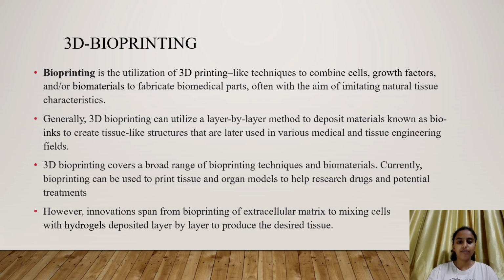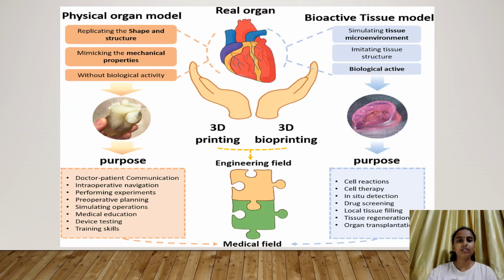However, applications span from bioprinting for extracellular matrix to mixing cells with hydrogel deposited layer by layer to produce the tissue. Physical organ model, real organ, bioactive tissues model. These are the 3D printing and 3D bioprinting.